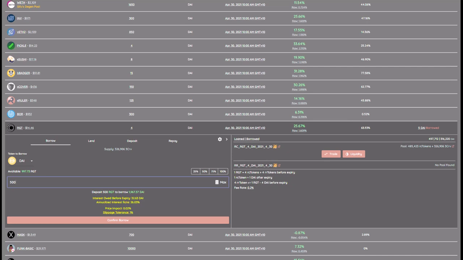The annualized interest rate is going to be 26.03%, a slight difference from what's quoted, because if you invoke slippage, you will increase the rate slightly. Just remember that, but it is also fixed. So I only owe $32.63 in DAI on top of the DAI I'm lending out before the expiry, and I can have my RGT back. So let's go ahead and borrow against it.